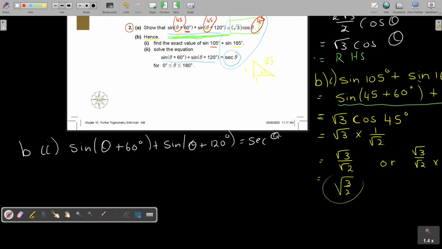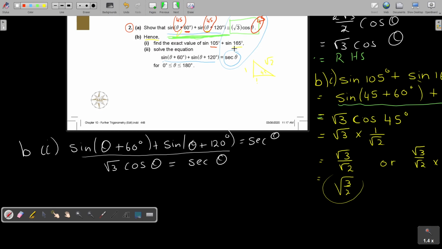Okay, so basically, I can now say that in the place of this, I can write this because I'm in terms of theta now. So I'm going to say square root 3 cos theta is equal to sec theta. Or, as I said to you, this is basically what I showed you there.